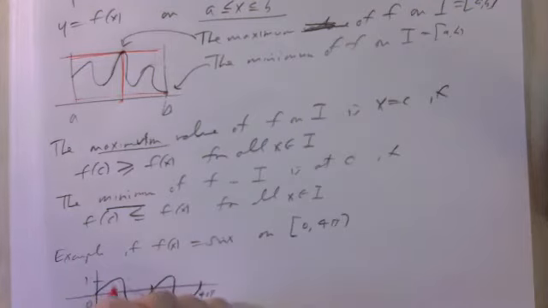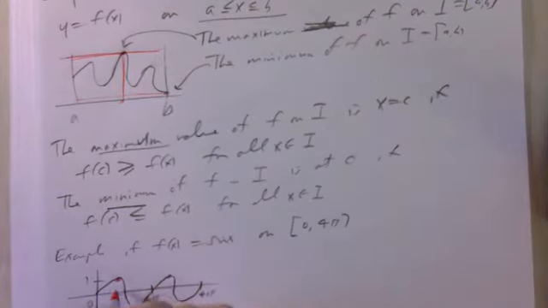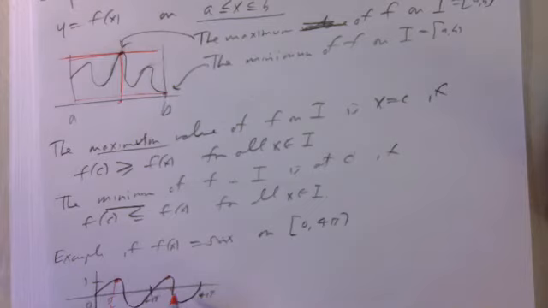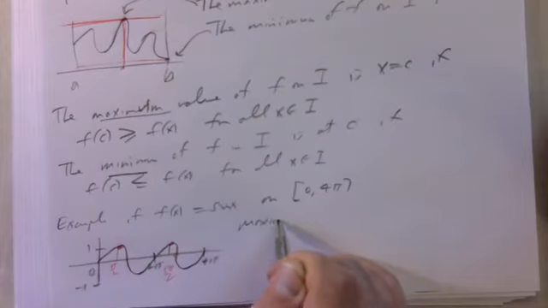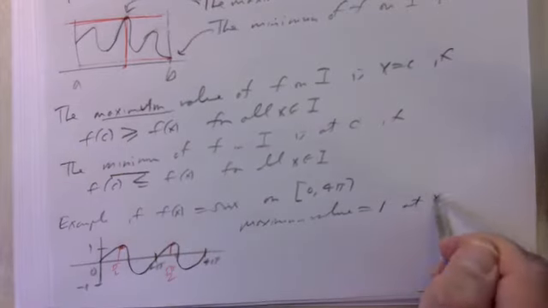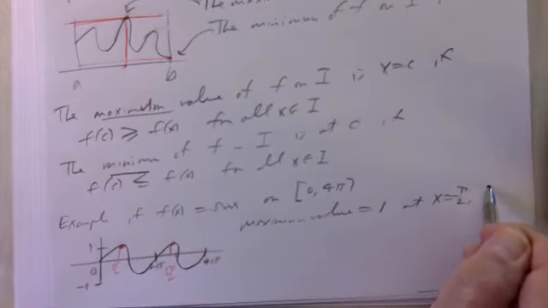And at these 2 points, this is pi over 2, and this is 5 pi over 2. There, the function has its maximum. The maximum value is 1. And in this interval, it occurs at x equal pi over 2 and 5 pi over 2.